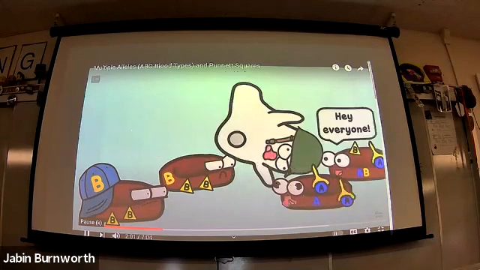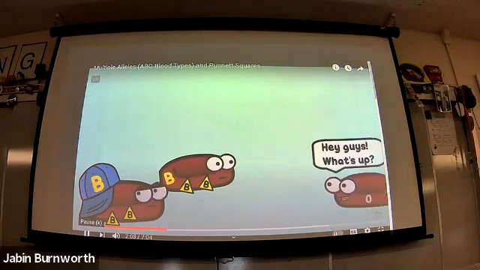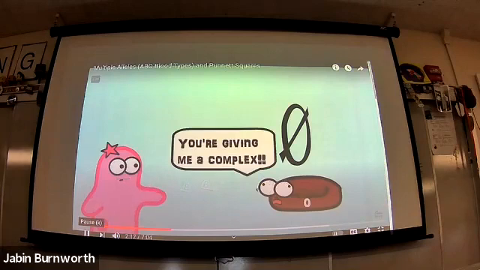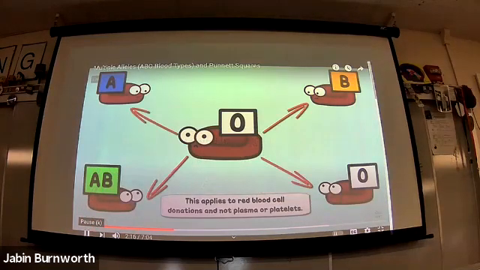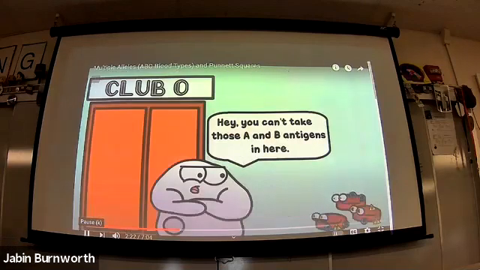It would also attack AB blood because that includes the A that it doesn't recognize. Now type O would be safe. Remember, O, think of like a 0. It doesn't have A or B antigens. So type O can donate to everyone. Now, while O individuals can donate to everyone, they can only receive blood from another type O. Because type O doesn't have A or B antigens, so their immune system will attack any other blood type that does.